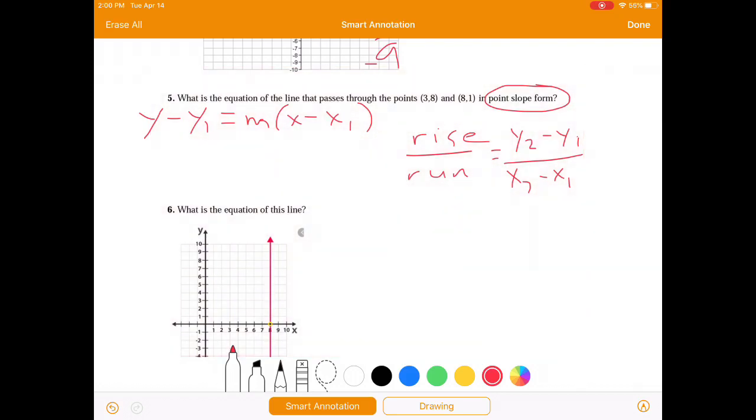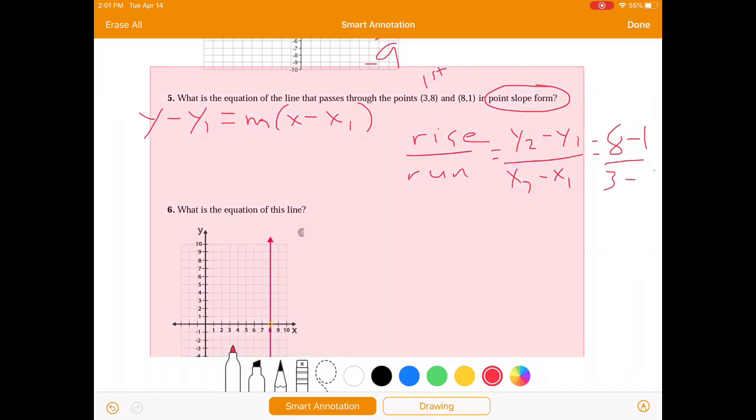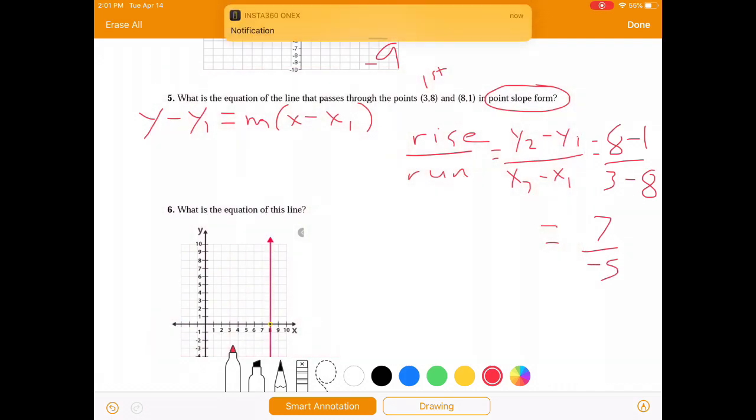So the y coordinates are 8 and 1, and since I used this 8 first for the y, I have to use the 3 first for the x, so I'll have to do 3 minus 8 for that. So 8 minus 1 is 7, 3 minus 8 is negative 5, so we have negative 7/5 for our slope.